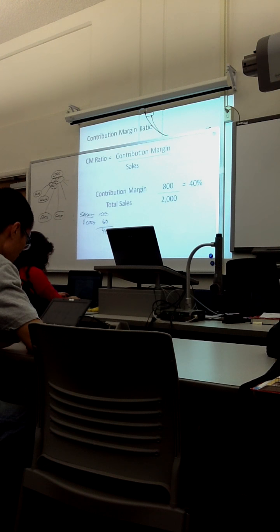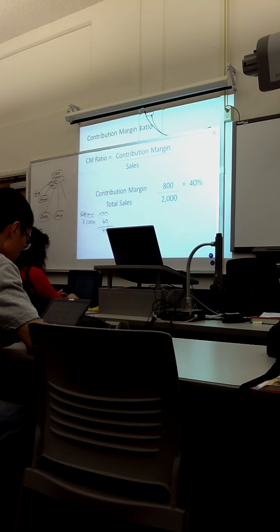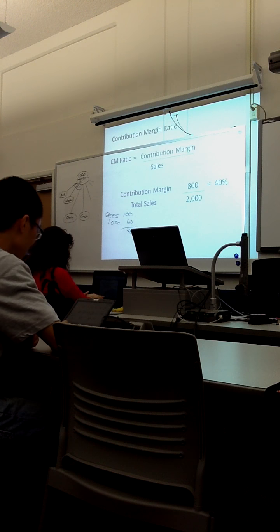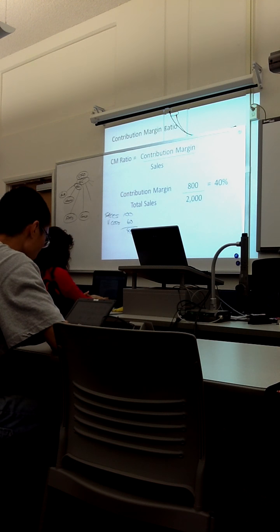Assume that all the books are identical, all cost the same, and they all sell for the same price. Just make it simple. For every extra book we sell, we're going to get $4 of contribution. What are our costs? Besides the variable cost, which is the cost of the book, what are the fixed costs that a bookstore would have?